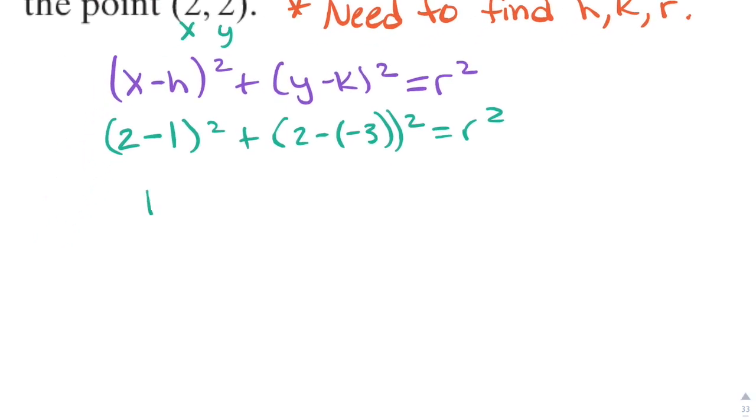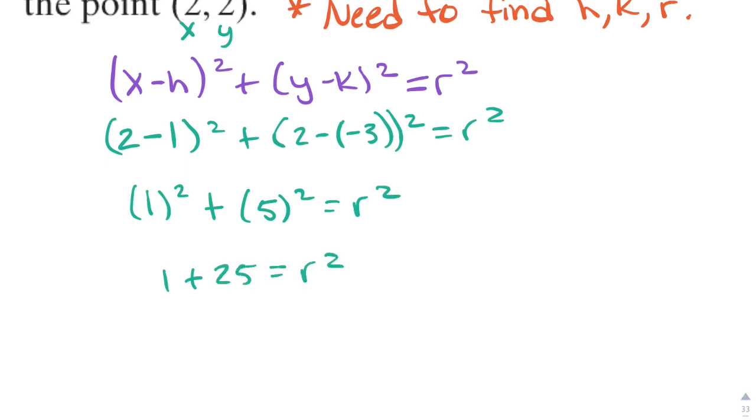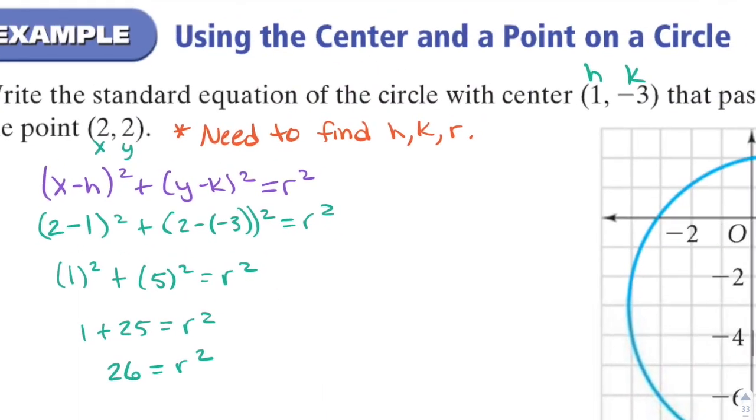So 1 squared plus 5 squared equals r squared. So 1 plus 25 equals r squared. So 26 is r squared. So we already have it just the way that we need it to be.